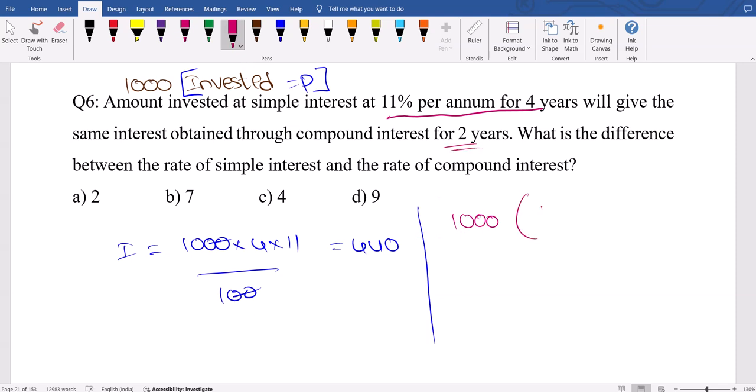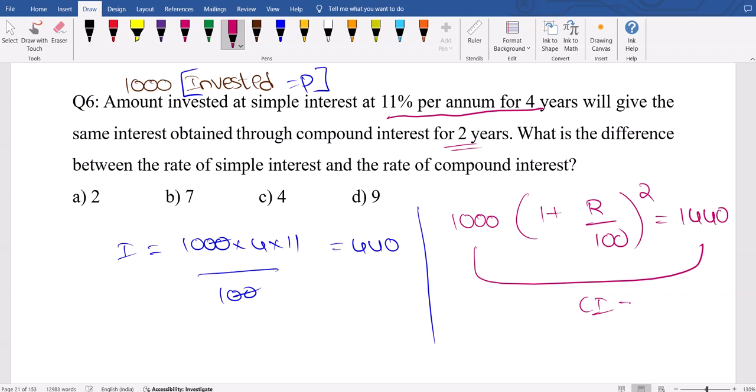So 1000 into (1 plus r by 100) whole square, because of 2 years, should be 1440. See, 440 is the compound interest. Now we can calculate the rate of interest here: 20. Here rate of interest is 11%.